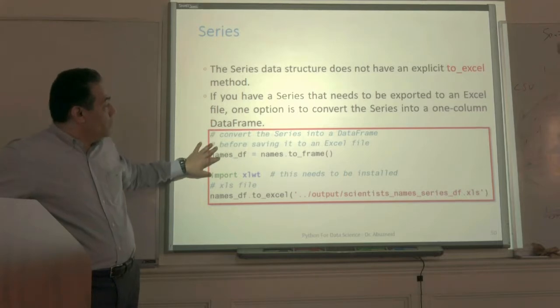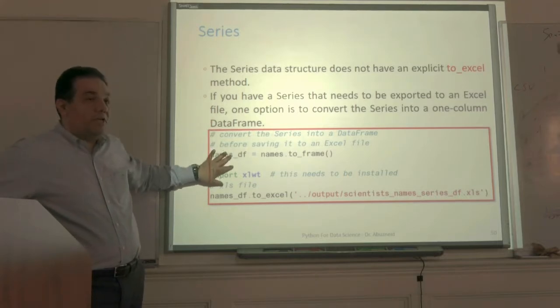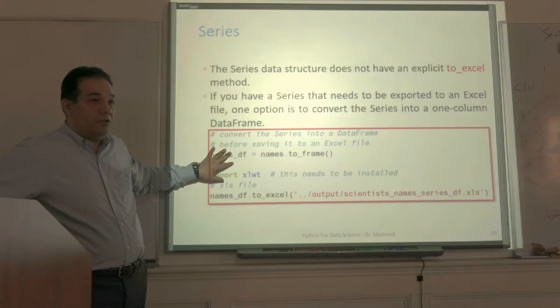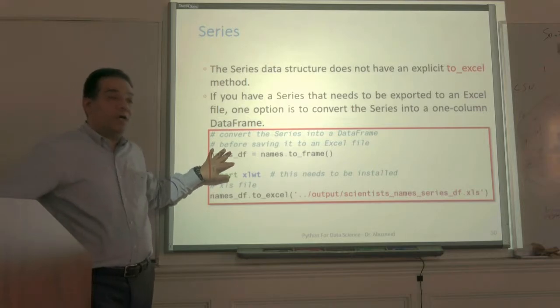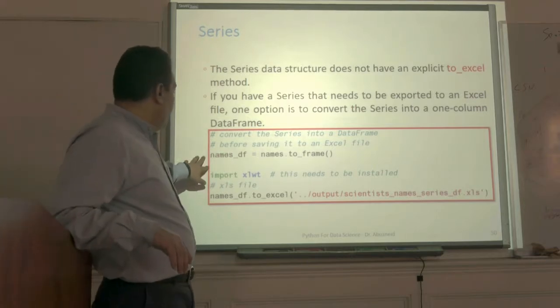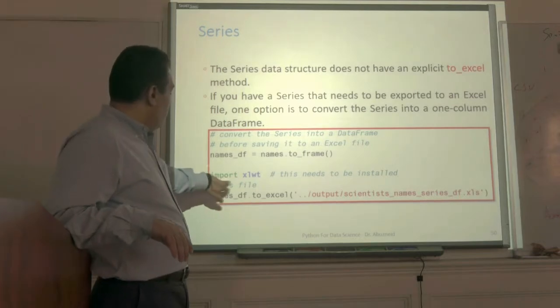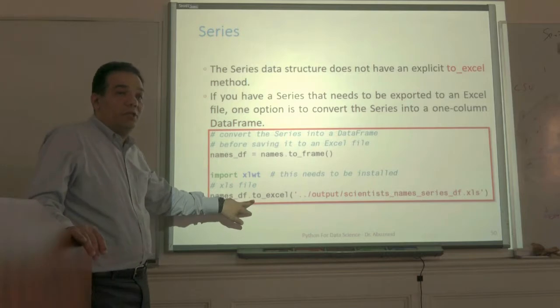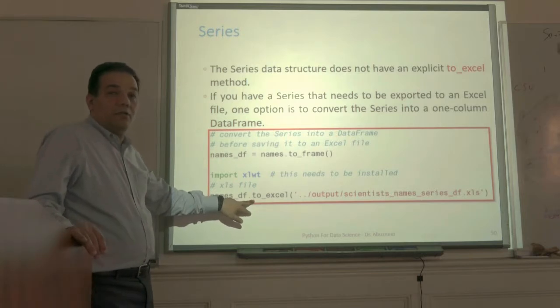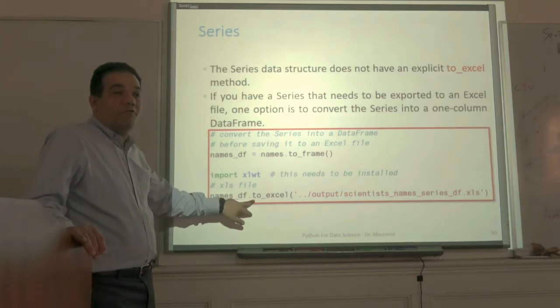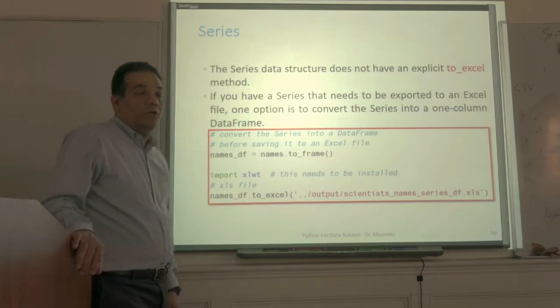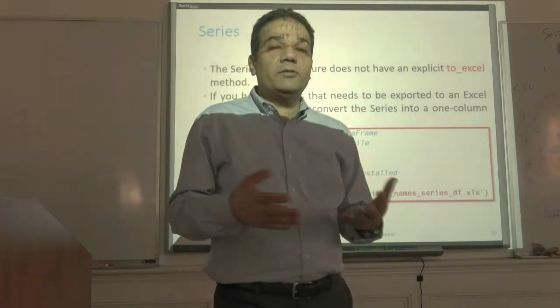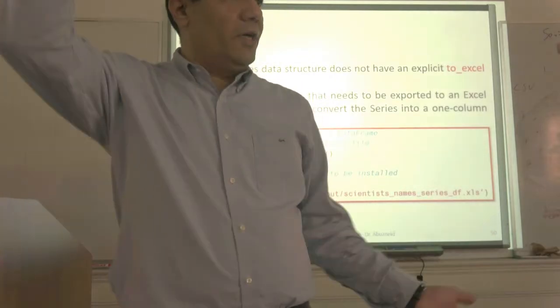You could write a data frame, for example here, to an Excel sheet. You just have to import a library. The library is xlwt, and then you could save it to an Excel file. All right, just be careful, because Excel has a maximum number of rows.